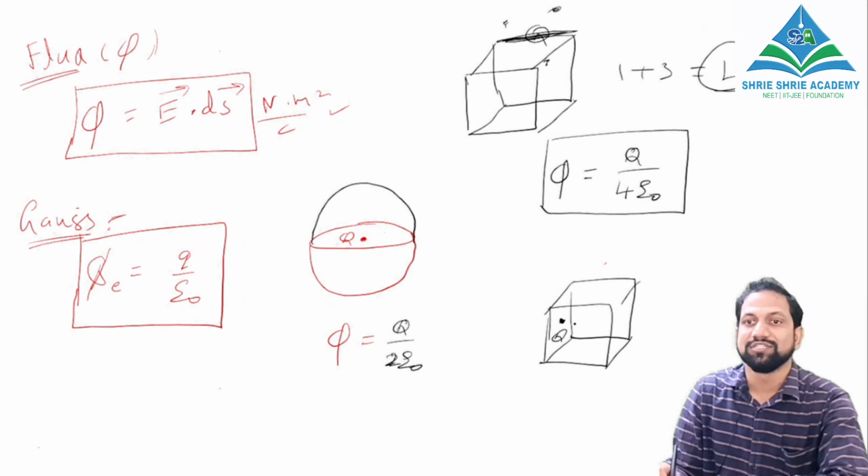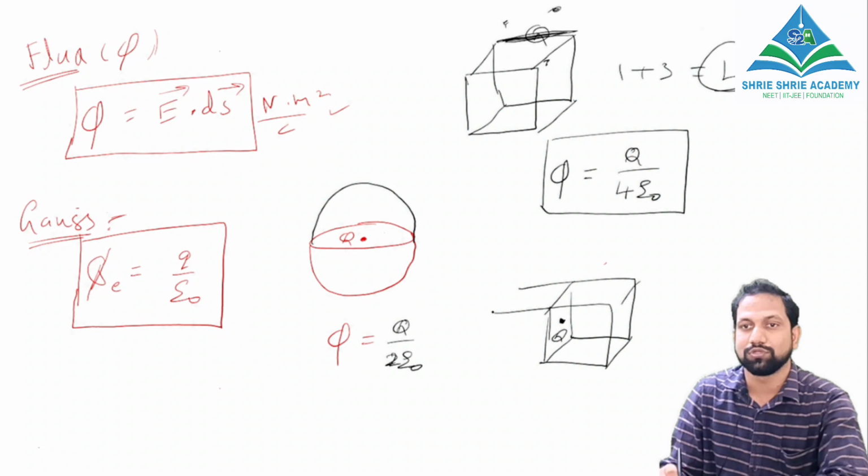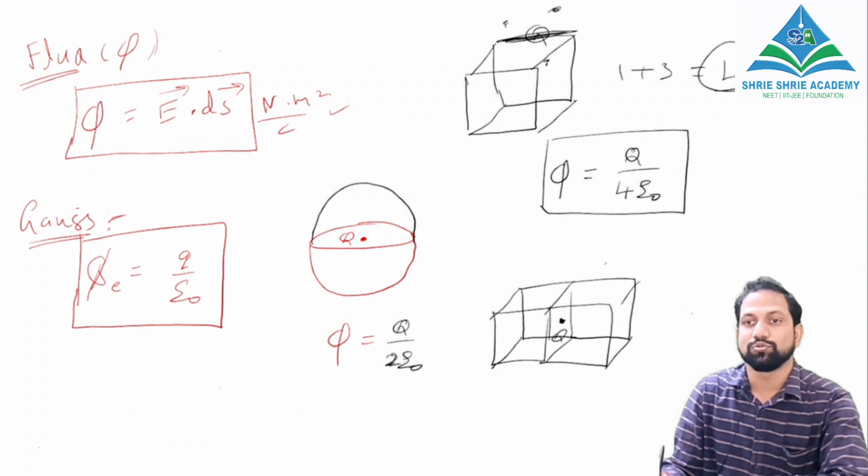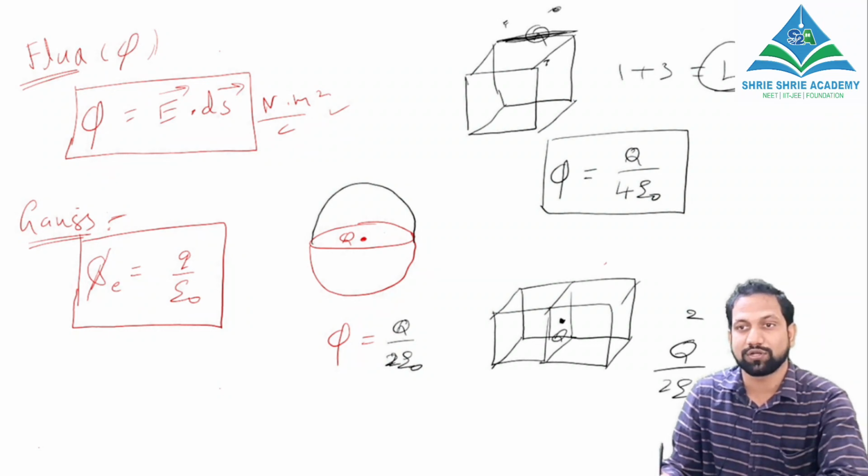Then to cover this we need one more cube like this. Then a total of 2 cubes are required. Then the total flux through one cube will be Q by 2 epsilon naught.